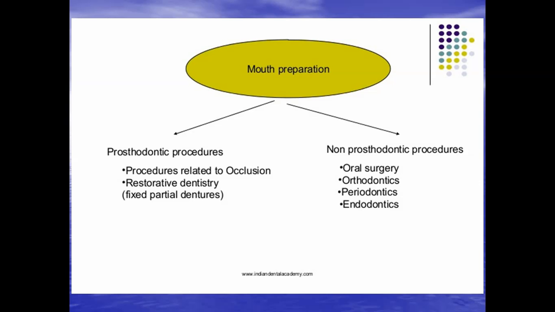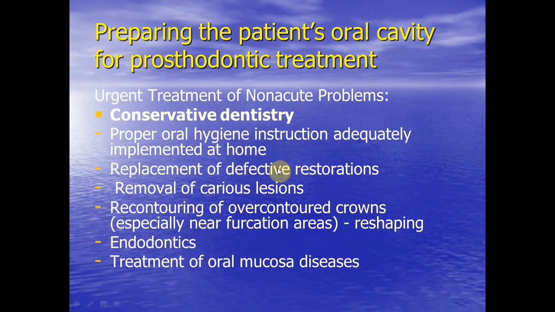Sometimes the general dentist is to share the work with other specialists, like oral surgeons, orthodontists, periodontists, and so on. That's why this classification is about how we share the preparation.